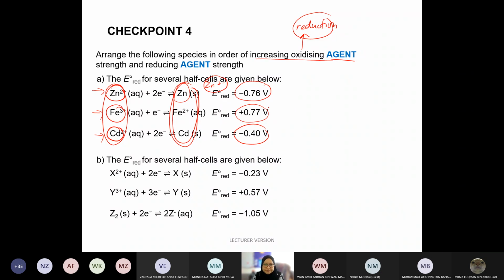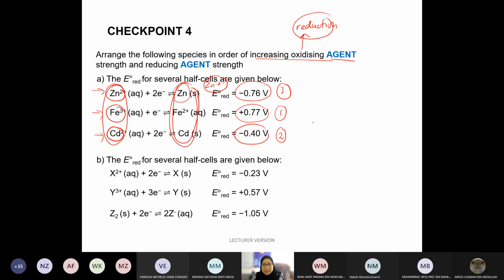So we have to arrange. Which has the most positive value? This one, number 1, is the most positive. That means its oxidizing strength is the strongest, followed by this one, number 2, and number 3. So how do you arrange them? Increasing, starting from the smallest to the largest.